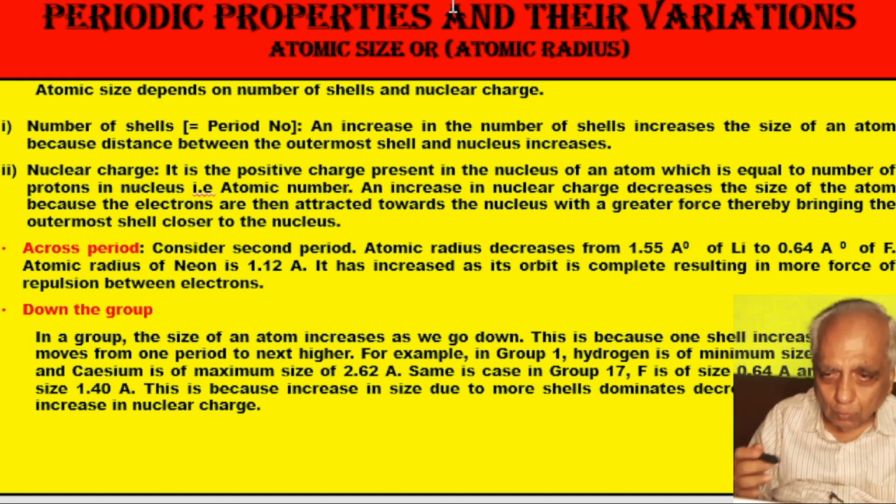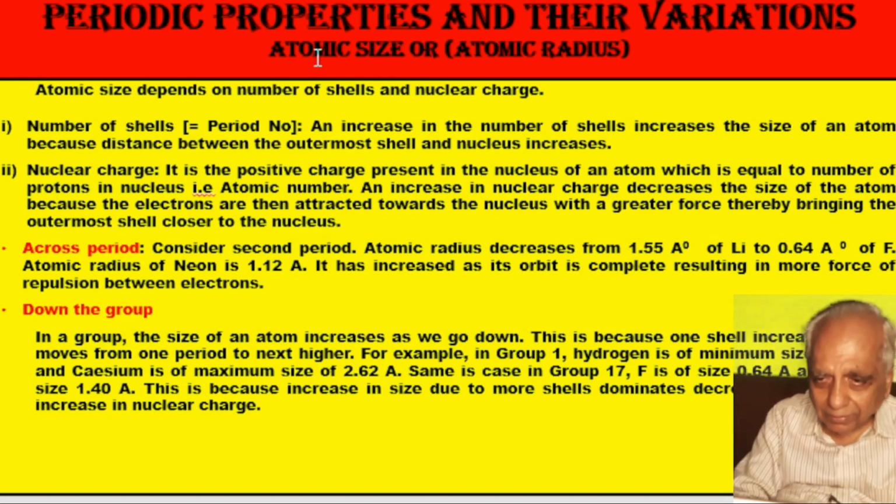So due to more charge, the electrons in the outermost orbit are also attracted more towards the nucleus, so its radius decreases. So as we move along the period from left to right, due to increase in nuclear charge, my size decreases. So this you should learn.